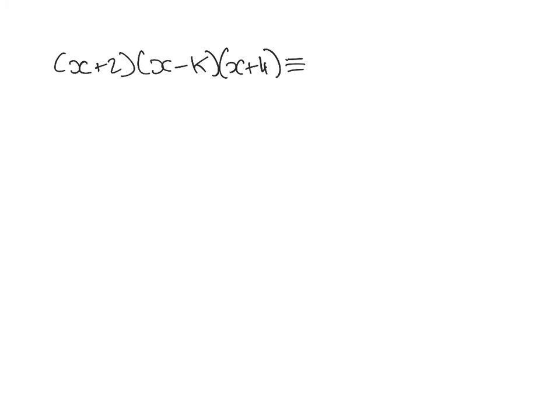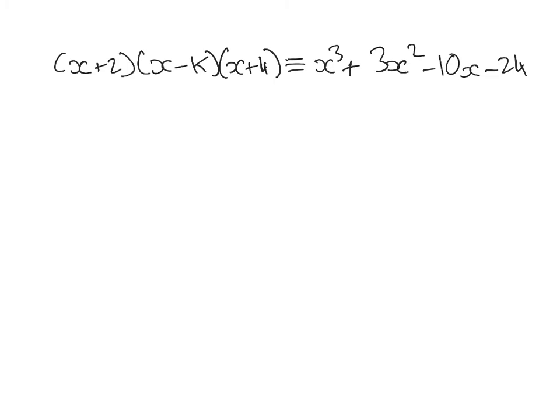I've written this down somewhere. X cubed plus 3x squared minus 10x minus 24. Okay, and the question is, what value of k? Now, there is an easy way to do this, which I'm going to show at the end, okay? Because I want to show you the full method first.